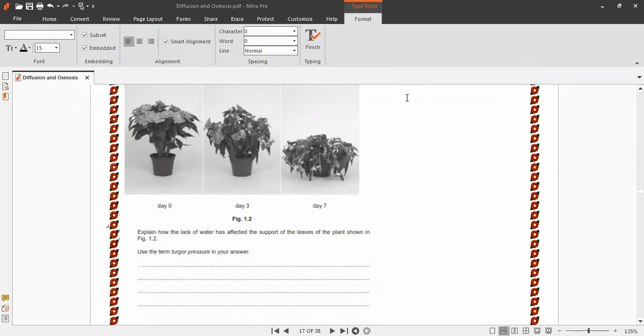And here the pressure is exerted by what? By osmotic flow of water. This is called turgidity, and it is caused by the osmotic flow of water through a permeable membrane.